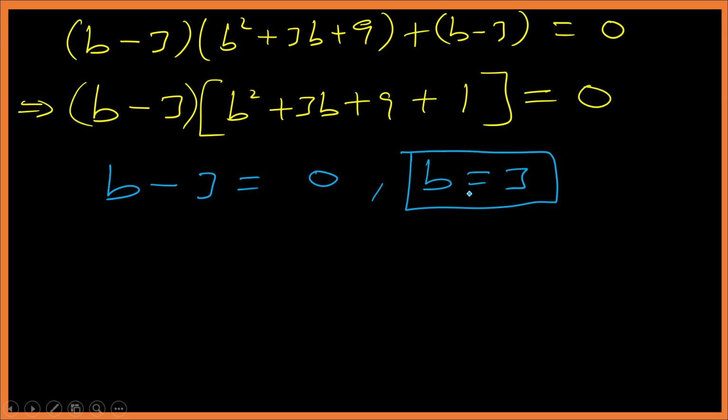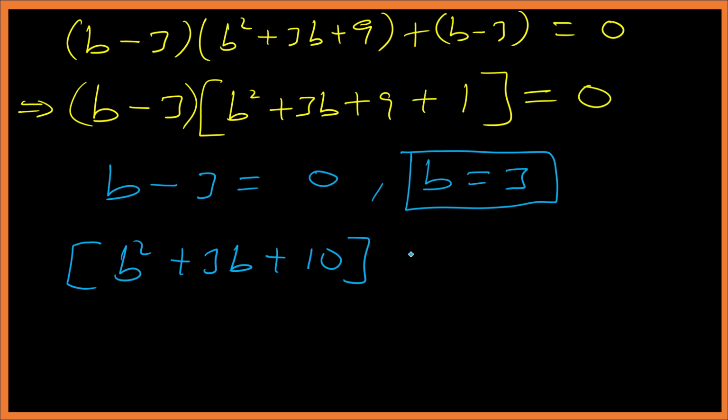Okay, so we are to look for the other solutions. So we have b squared plus 3b plus 9 plus 1. So we have b squared plus 3b, and 9 plus 1 will be plus 10 equal to 0.